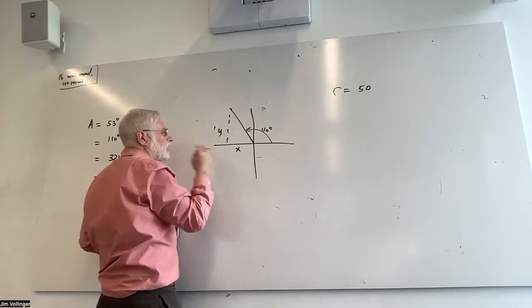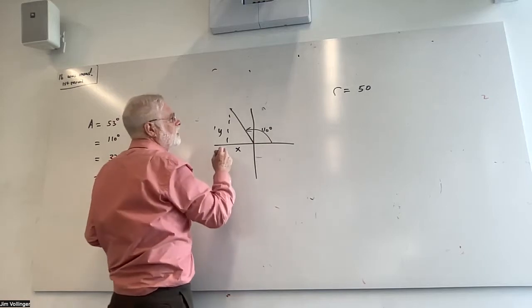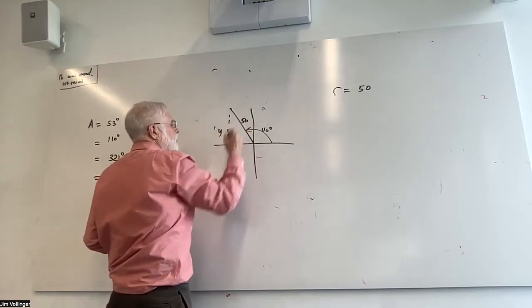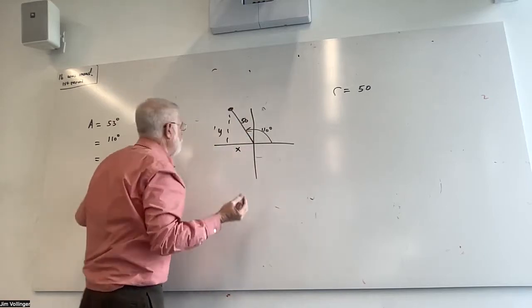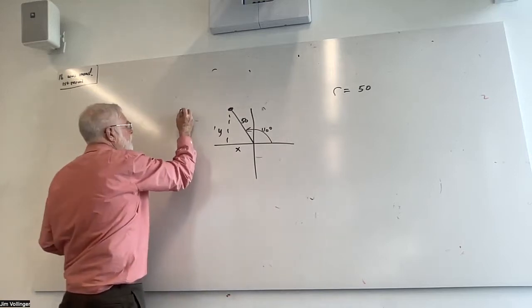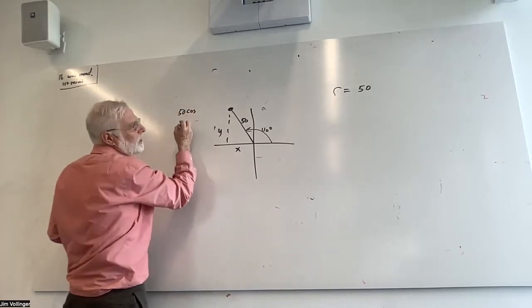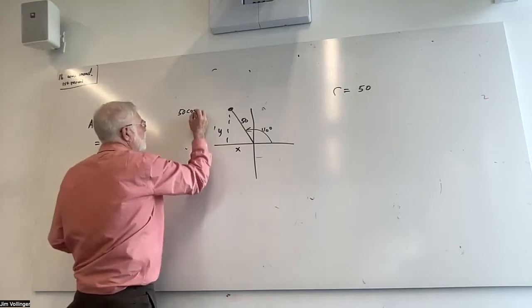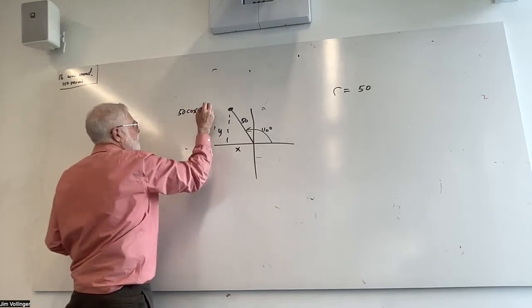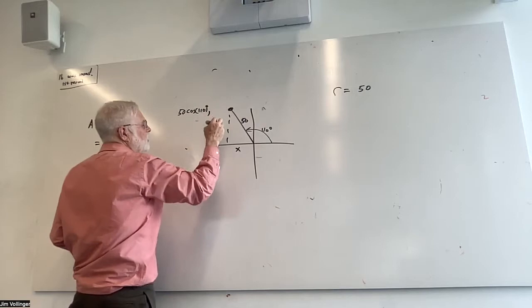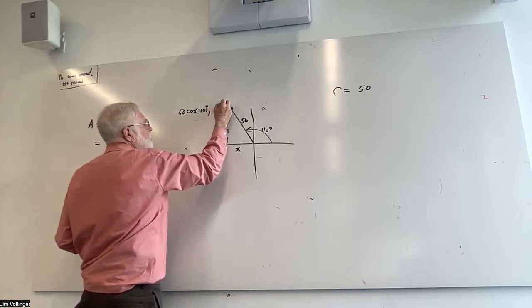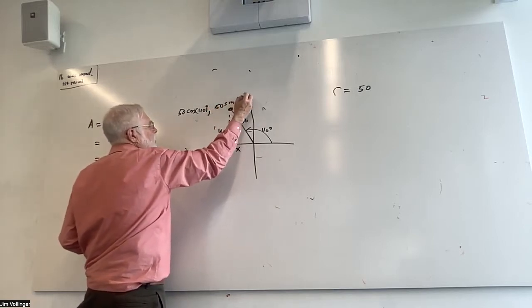That's a Y value, that's an X value, and the radius is 50. So what's this coordinate? Maybe you can even tell me right now. It's 50 times the cosine of 110 degrees, and the Y value is 50 times the sine of 110 degrees.